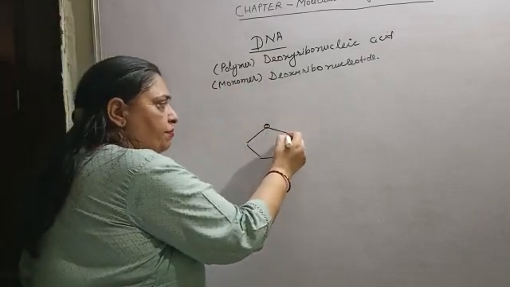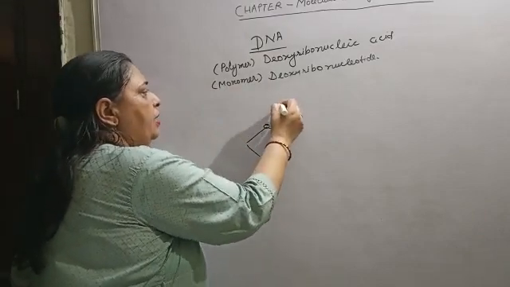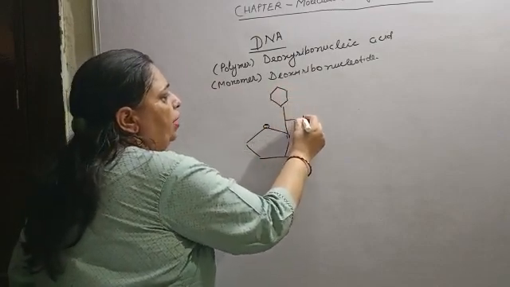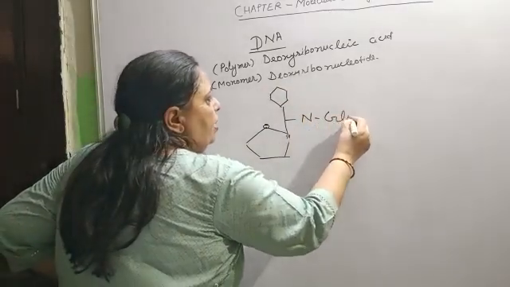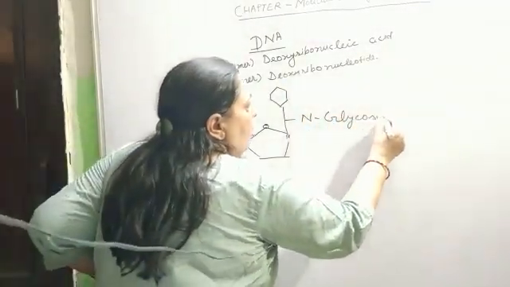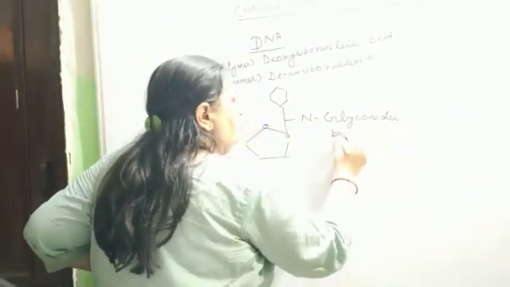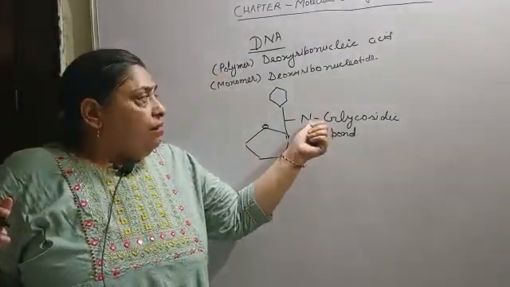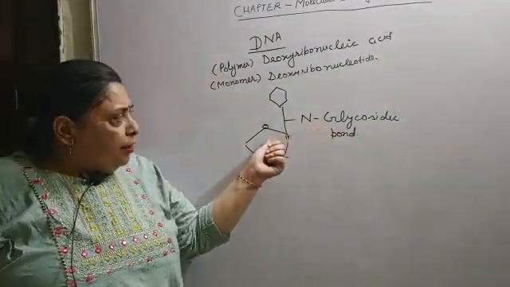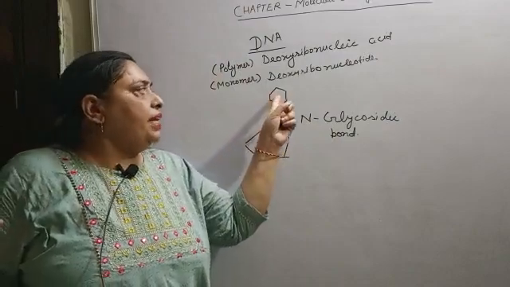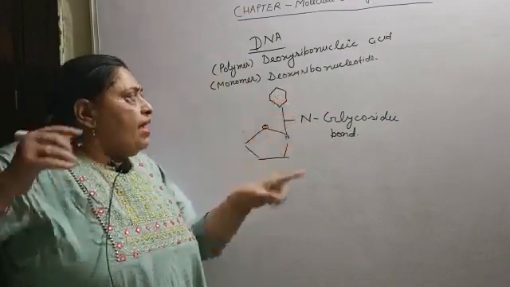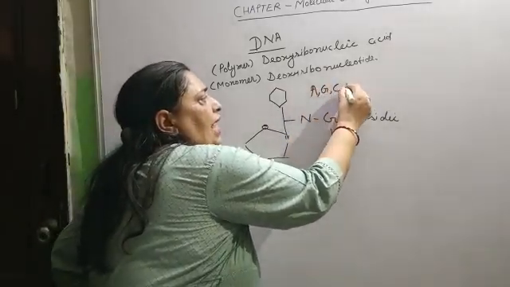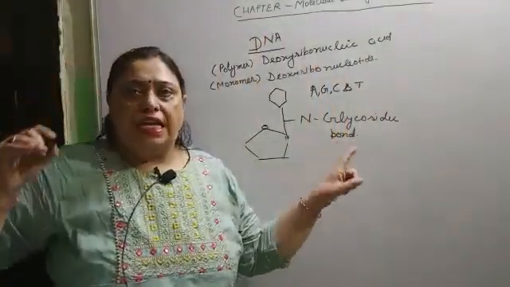Now this is the first carbon, and here the nitrogenous base will combine, and the bond is known as the N-glycosidic bond. So the N-glycosidic bond will form when pentose sugar combines with the nitrogenous base. The nitrogenous base can be adenine, guanine, cytosine, and thymine in case of DNA.